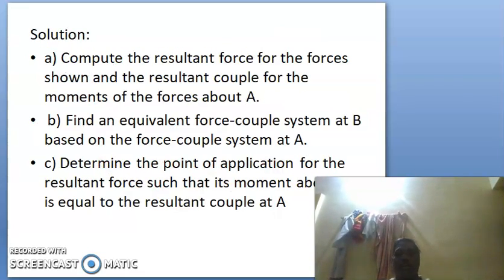For the solution we have to compute the resultant forces about A and then convert it by moving it to B and then moving it to the appropriate place where the couple can be replaced.